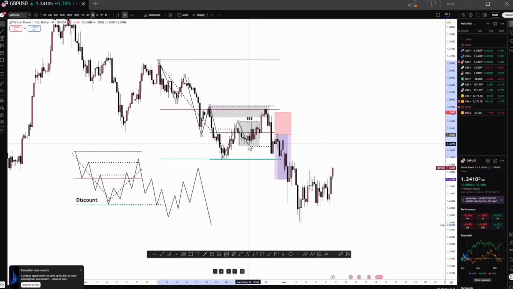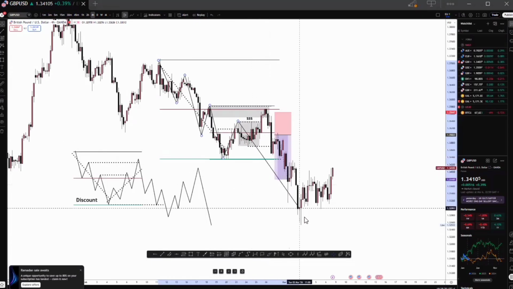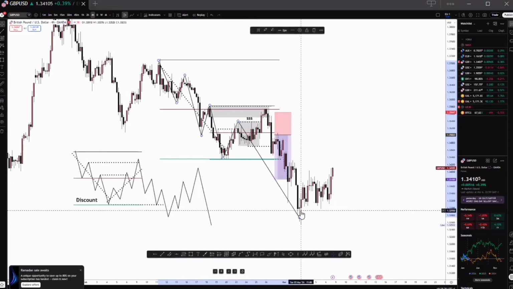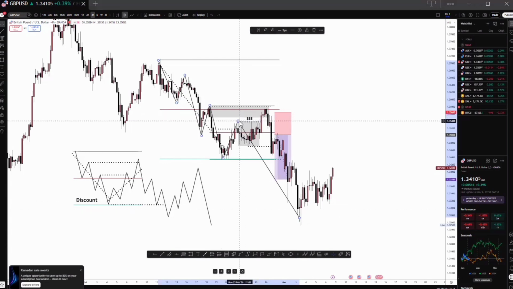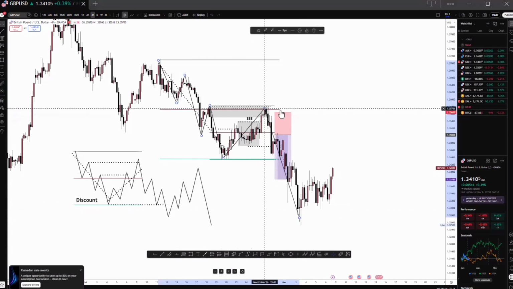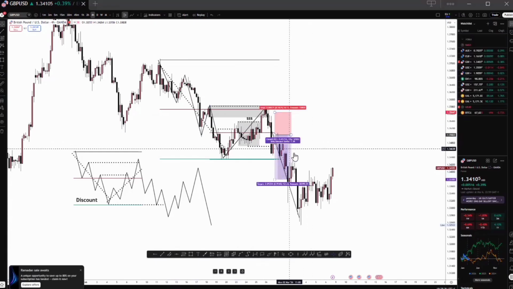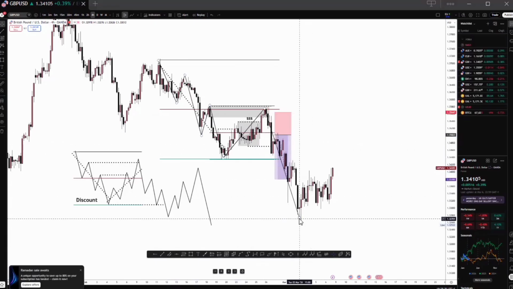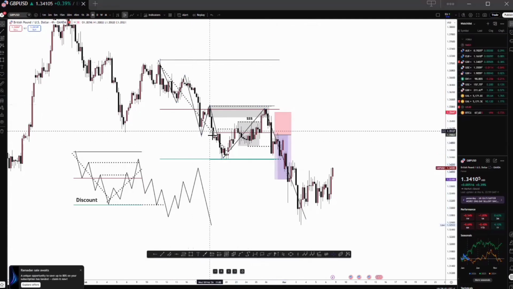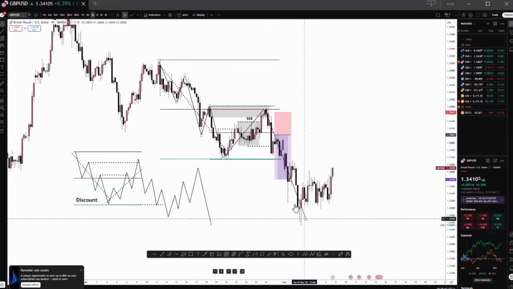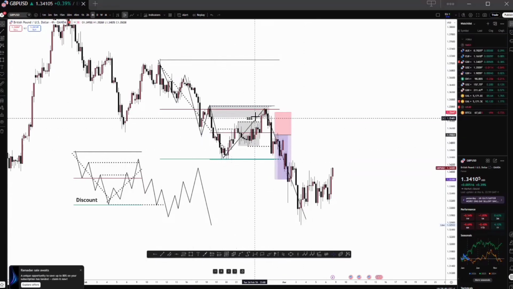So this would be a liquidity hunt, and then this would be the formal structure. And then this would be a lower high and a lower low, creating internal structure, because this actually tested the 50% of the Fibonacci, right?